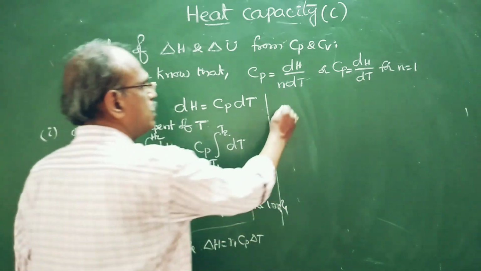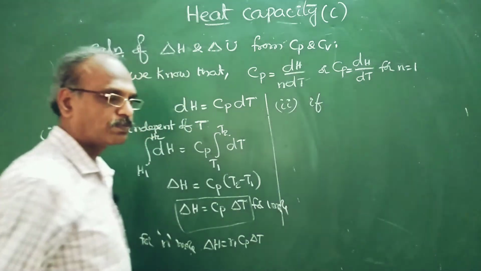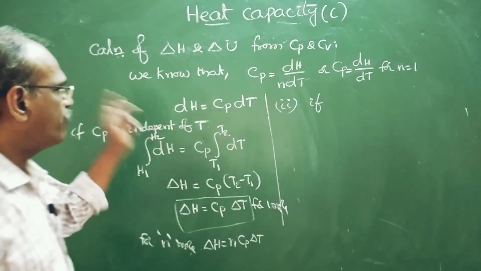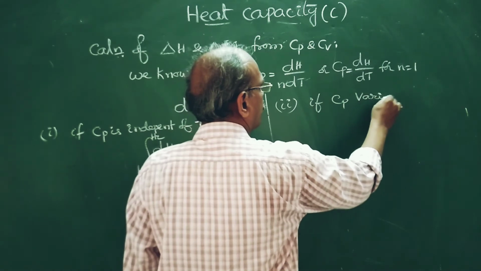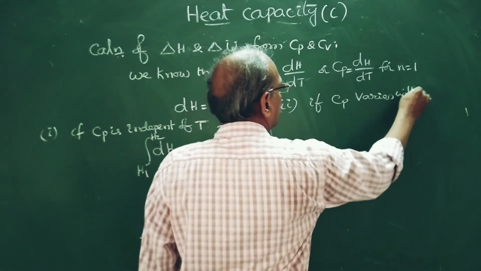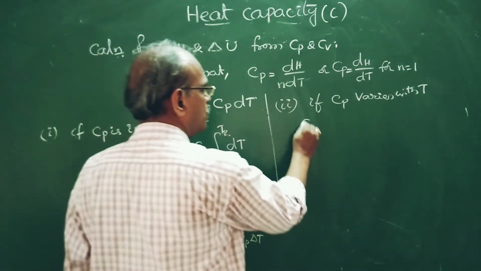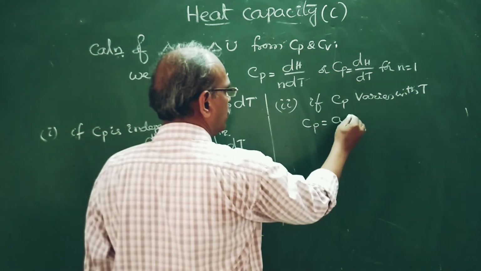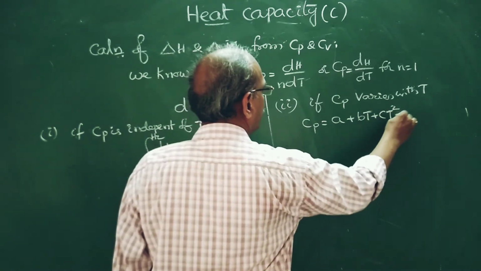Now if Cp varies with temperature, then what to do? Cp is equal to A plus BT plus CT square plus so on.